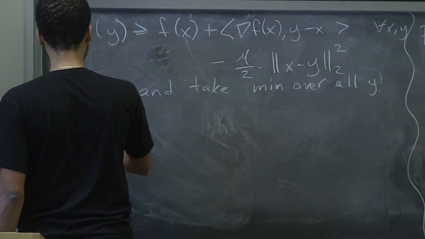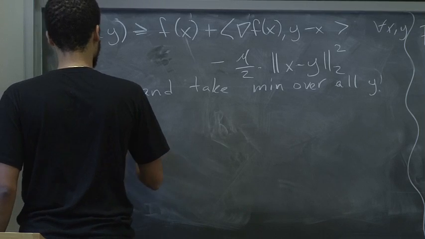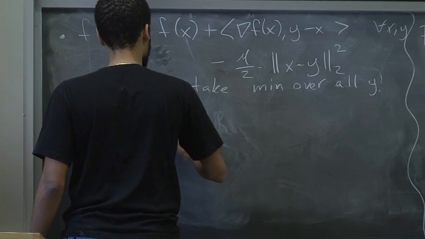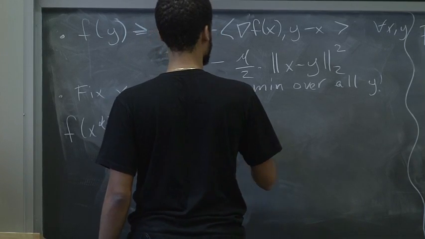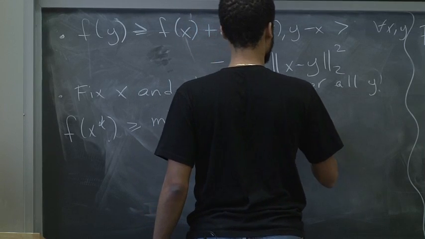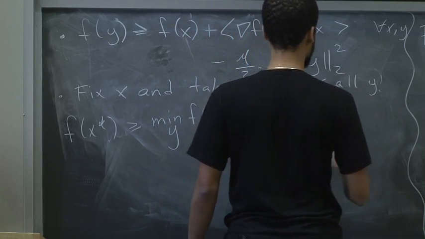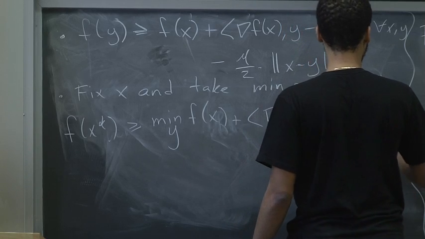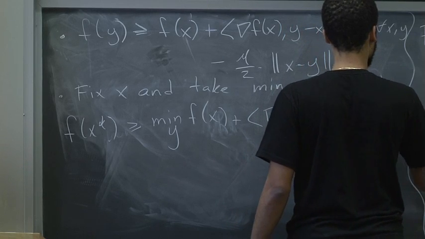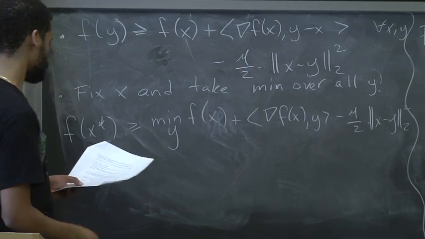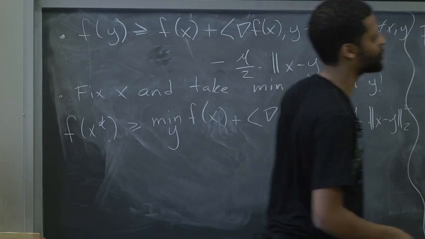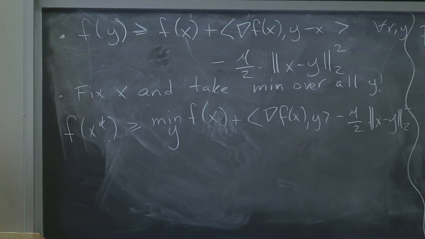So f of x star is at least the min over all y of f of x plus this gradient times y minus x, minus mu over 2 times x minus y squared. And this thing, again, you can write down an explicit formula for when it's minimized.